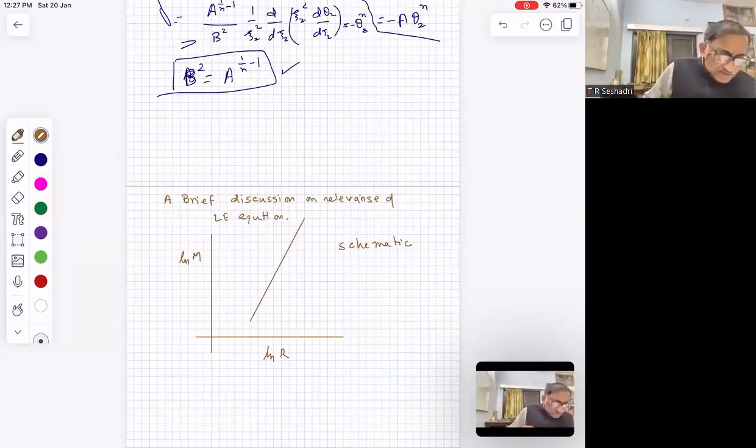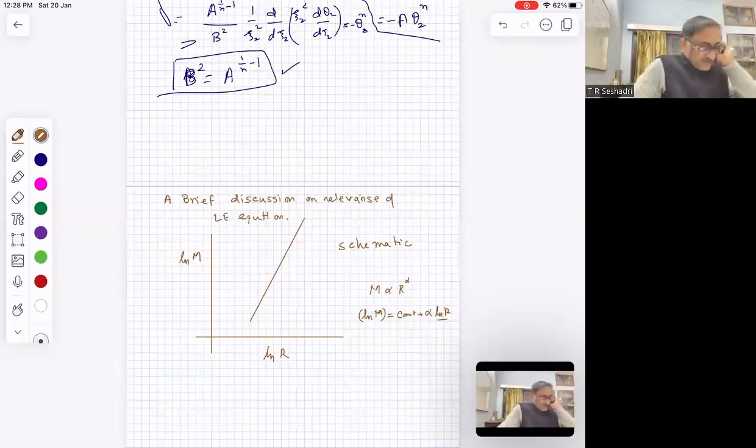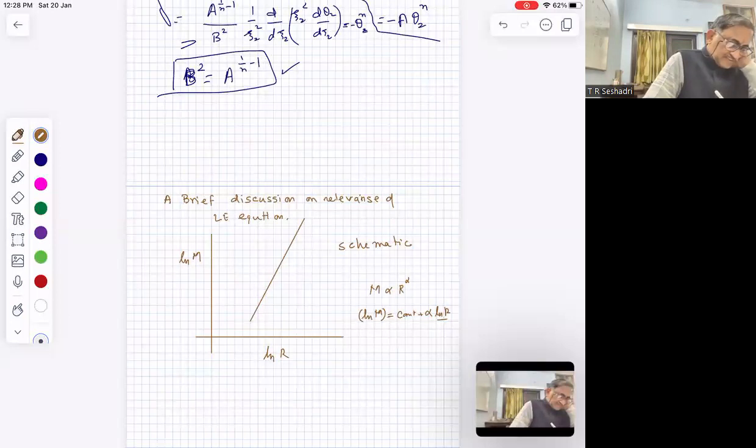Remember that it is a log-log graph, so the slope of the line is actually the exponent of r. So suppose you have m proportional to r power alpha, log m is equal to constant plus alpha times log of r. So it's a straight line. And suppose this is the normal star. And suppose there is a star with this mass and radius.